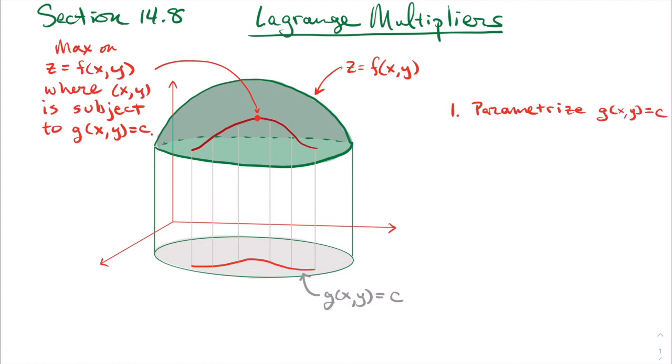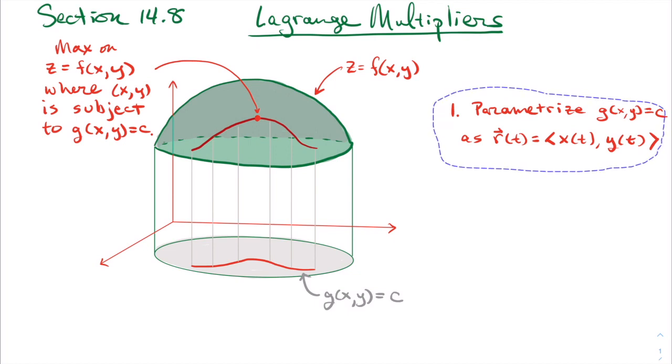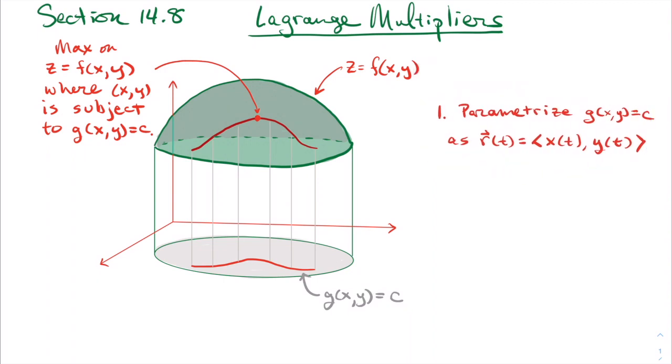We're going to parameterize it as r of t equals x of t, y of t, where t ranges over some domain, and I'm not going to guess what that might be.